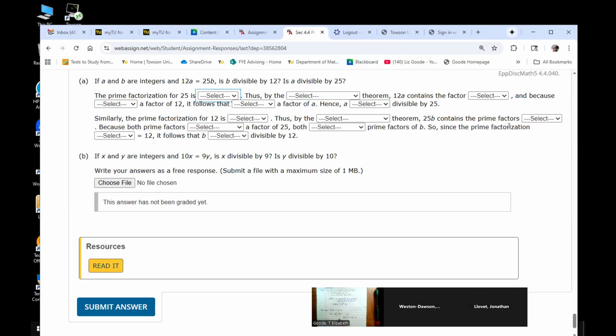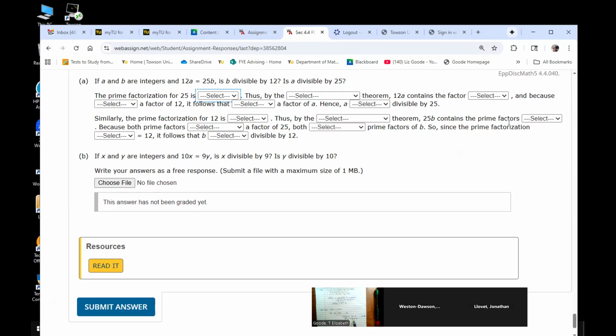Good. Go ahead. Well, 12 has to divide 25B, because 12 is a factor of 25B, and so is A, right? So 12 has to divide into 25B. So 25B is 12 times some integer x. But again, like you said, 25B is 5 squared times B. That has to equal 3 times 4 times x. Well, the 3 and the 4 have nothing to do with 5.